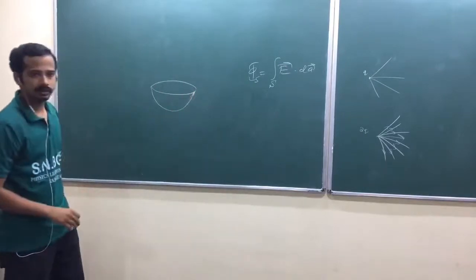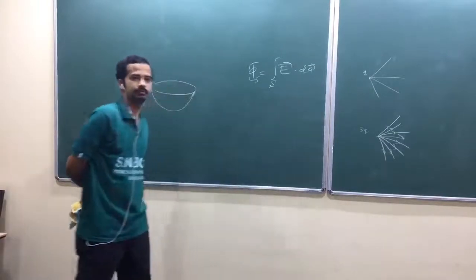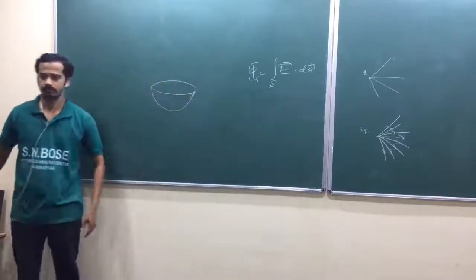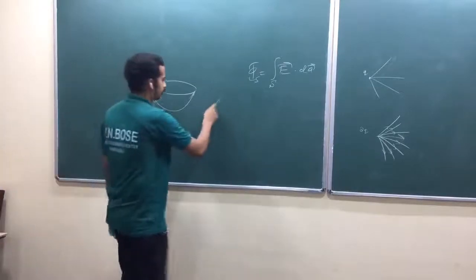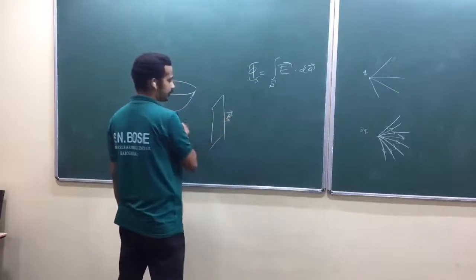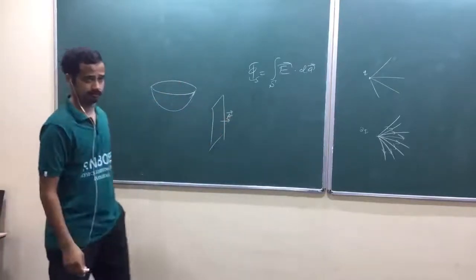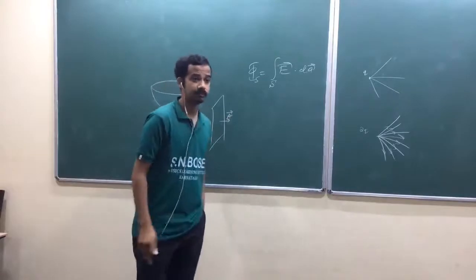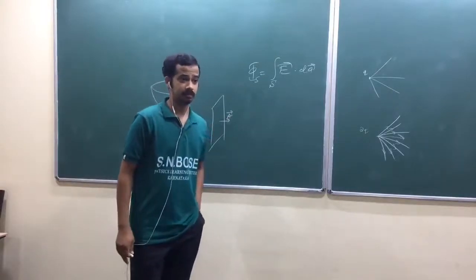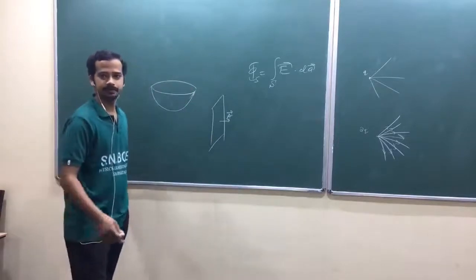So now, what is the direction of dA that you have to choose? For any surface, look here, you have a surface, so you get two perpendicular directions. In which direction do you have to choose the area vector? Why?